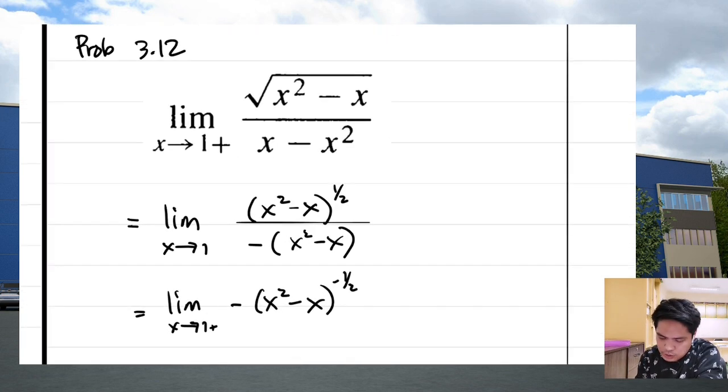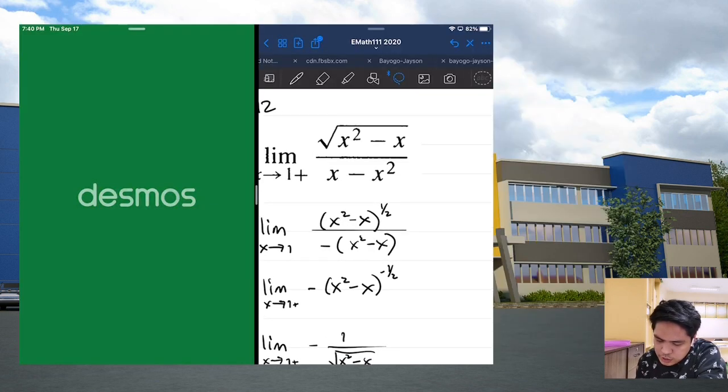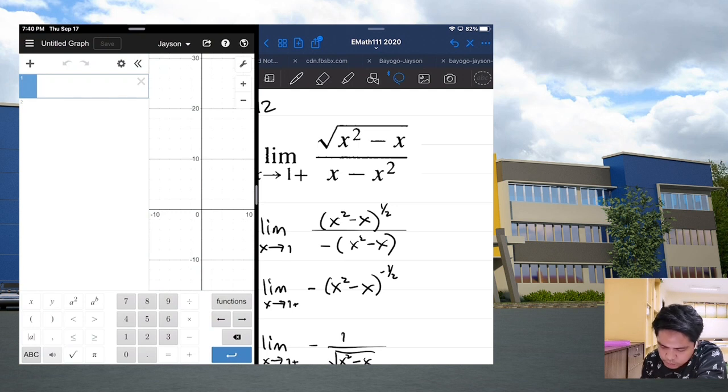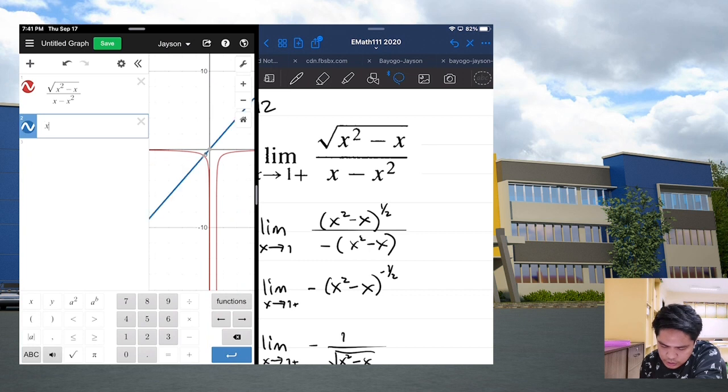So, i-try natin i-graph. Let us try to graph this. Tingnan natin yung value. So, pwede din, we can use calculator, pero para mas klaro na ma-picture out, so let's try this. X squared minus x divided by x minus x squared. So, observe the graph. Ayan o. Tingnan natin yung x equal to 1. Ayun.